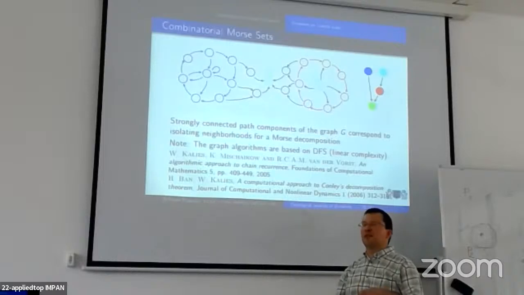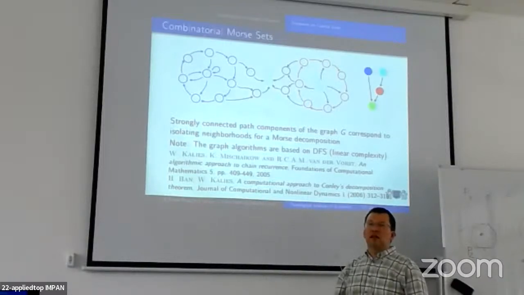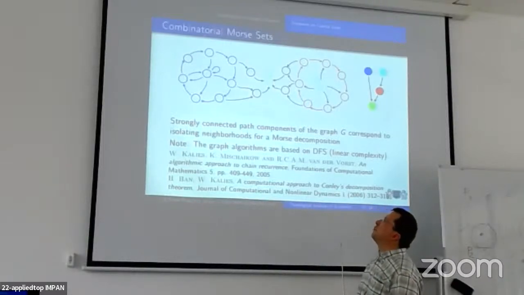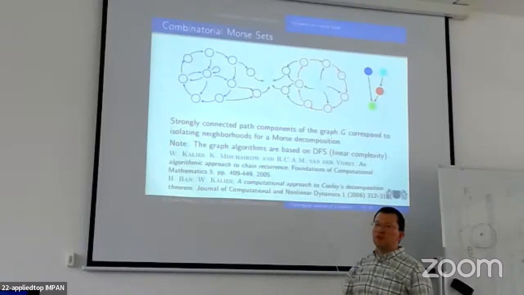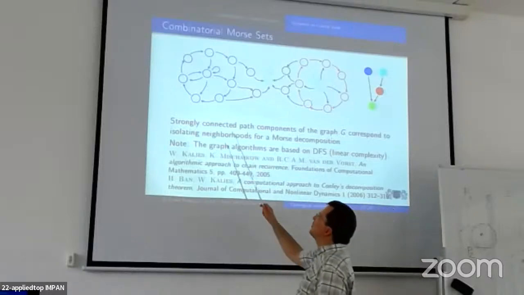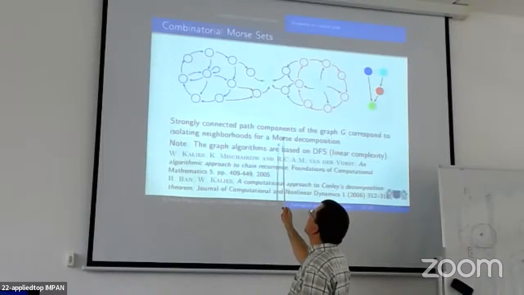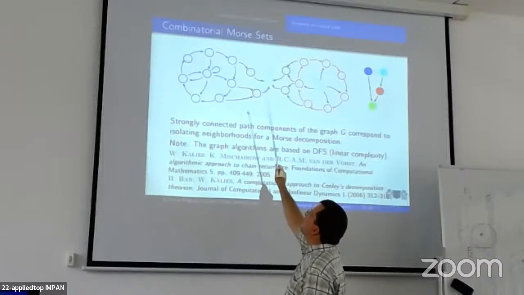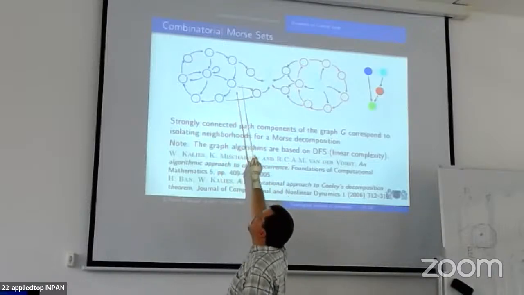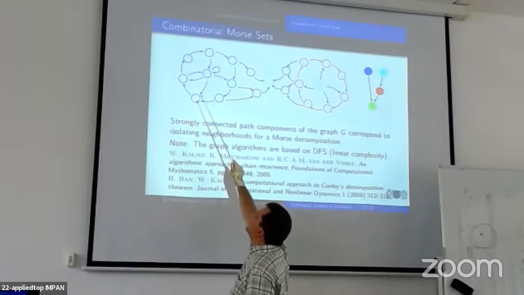And now it turns out there are some very simple, maybe not simple, but tricky elementary algorithms in graph theory that help us compute a Morse decomposition. If we look at strongly connected path components of the graph, a connected component in this kind of graph is a collection of vertices so that there is a path from each vertex to another vertex and a path that goes backwards from this vertex to this.